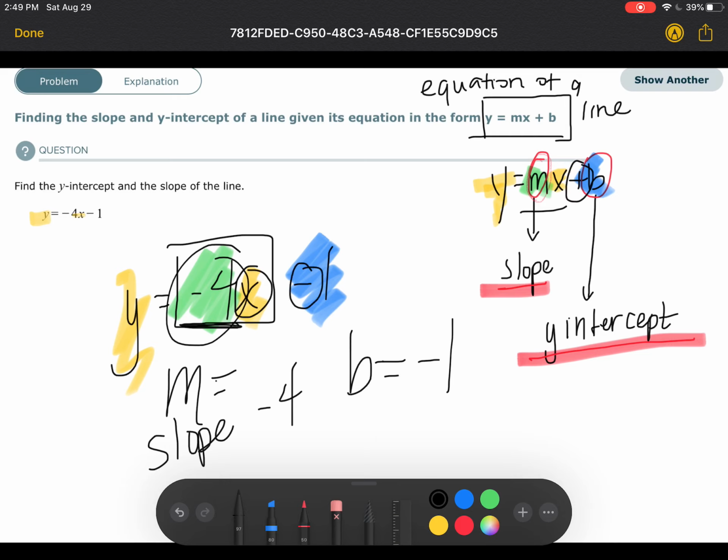Now, it's not always going to be plus, right? It can be negative. Sometimes it'll be plus, sometimes it'll be negative, but it will always be by itself. It won't be multiplied by anything else. It'll just be a little lone dude off to the side, okay?